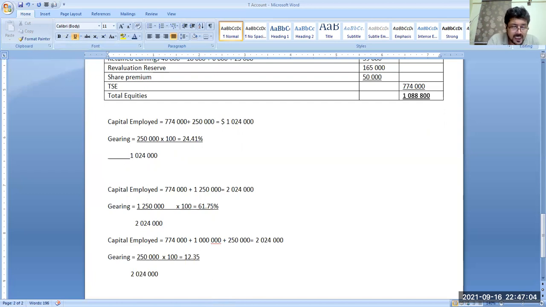So according to gearing, increasing your liability is not a good option. Your capital employed is increasing in both situations by the same amount, but your gearing is decreasing. So it's better to issue right shares at a premium of 0.5.